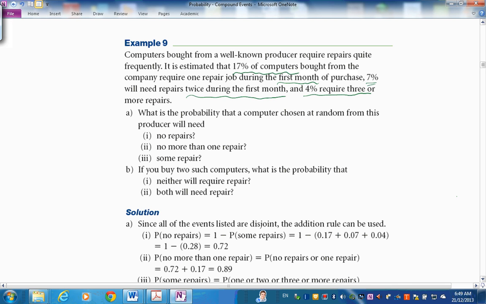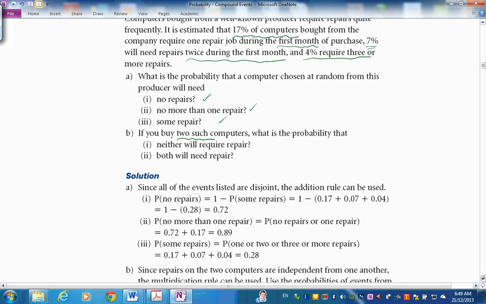What is the probability the computer chosen at random from the producer will need no repairs, no more than one repair, some repair, and then doing two computers, combining them now? Okay, let's work through this problem now and come down to the solution.